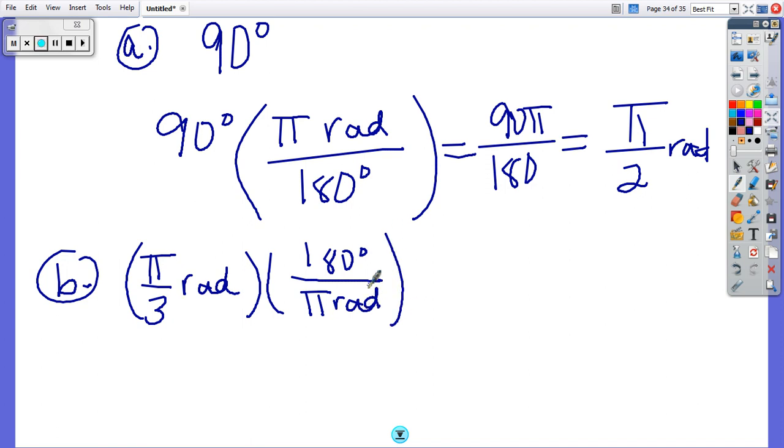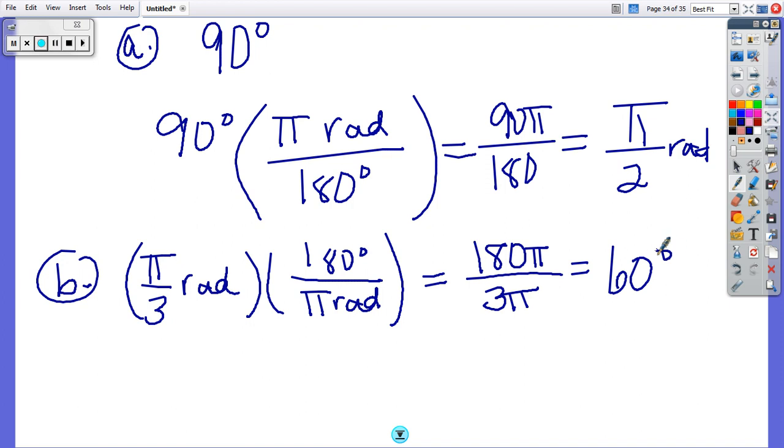My radian units would cancel out, and I would be left with just degrees. And that's going to give me 180 pi divided by 3 pi. Notice the pi's are going to cancel because we don't usually have pi in terms of degrees. And you're going to be left with just 60 degrees.